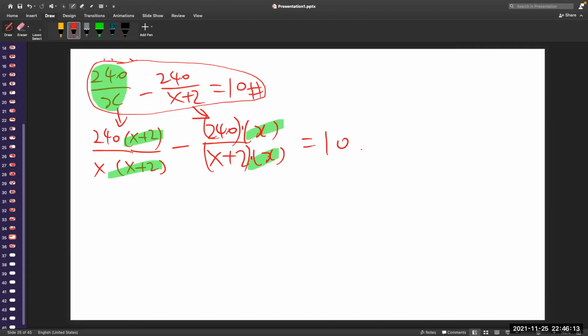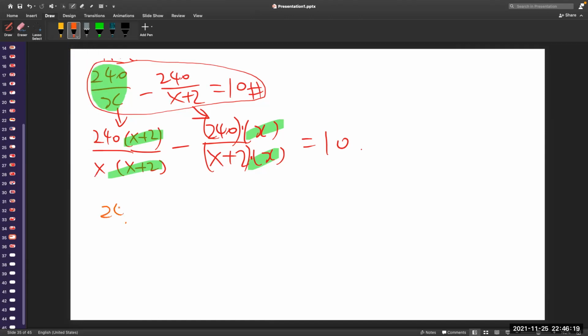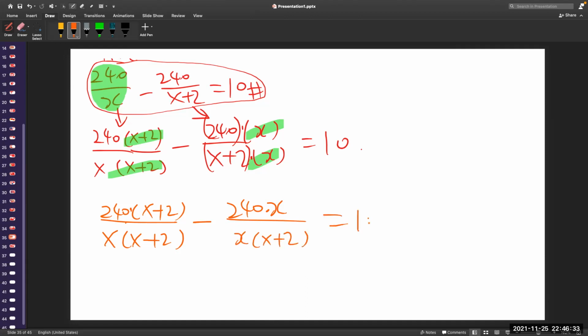Then you will have the same denominator. I'm going to show you. So 240 times x plus 2, then minus 240 times x, over x times x plus 2. Good, so I hope you realize it is the same denominator already.